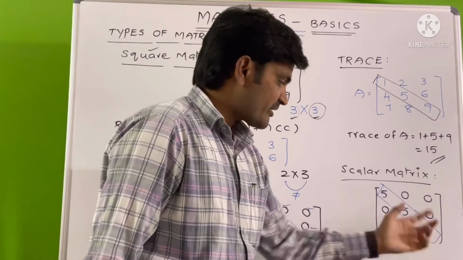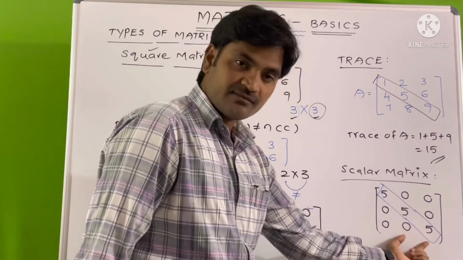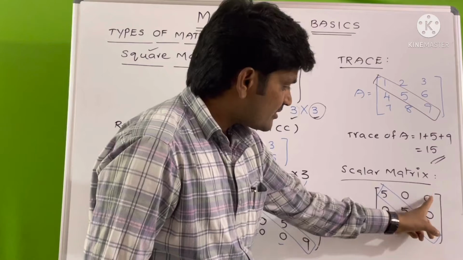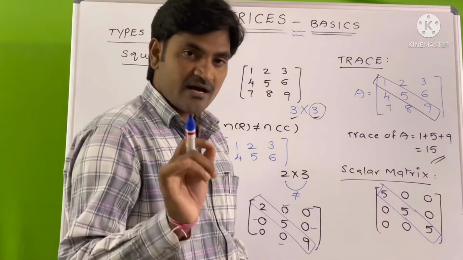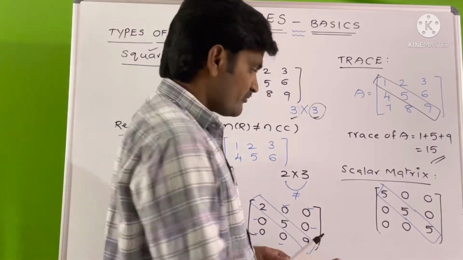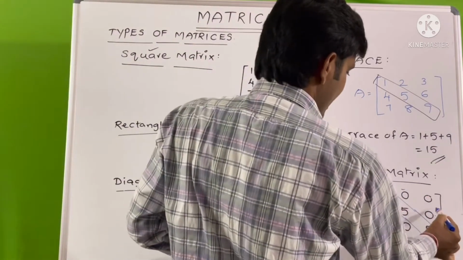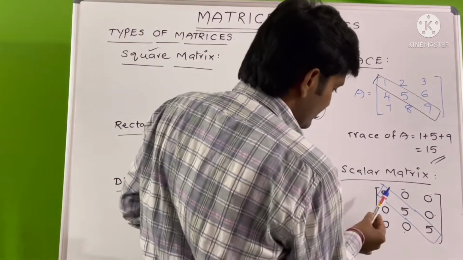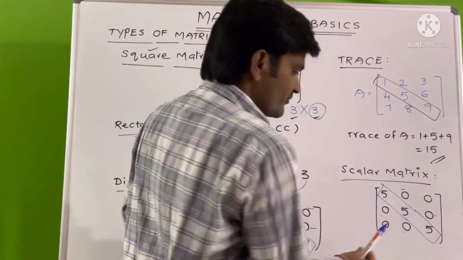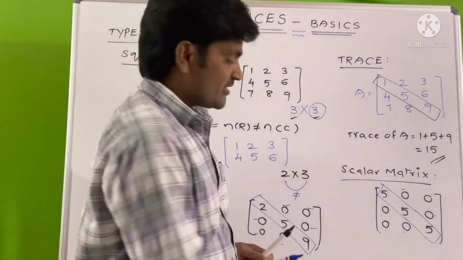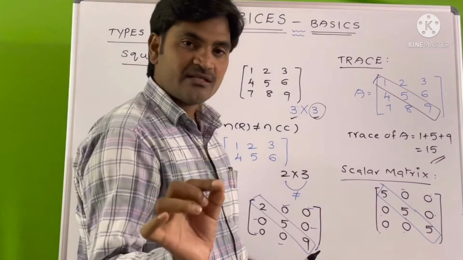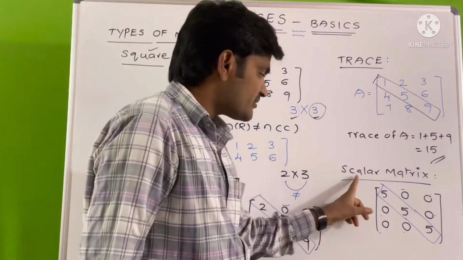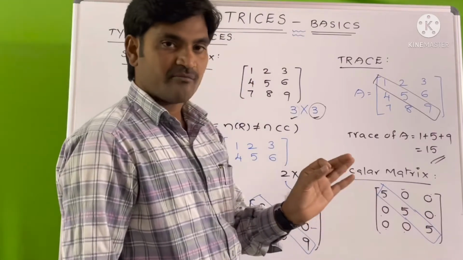In a square matrix all non-diagonal elements are equal to 0, and diagonal elements are equal to each other. Then that matrix is called a scalar matrix.